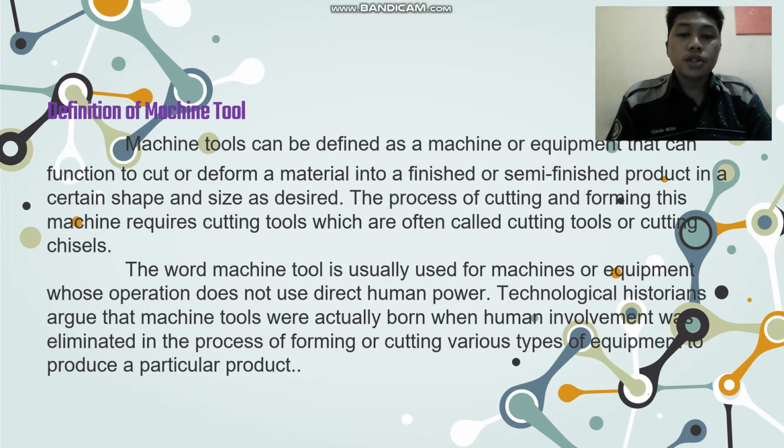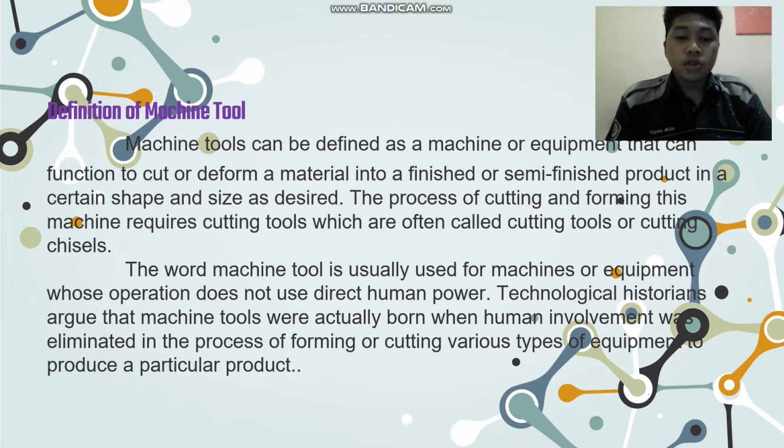The process of cutting and forming requires a cutting tool, often called a cutting chisel. The word machine tool is usually used for a machine or equipment where a person does not use direct human power.